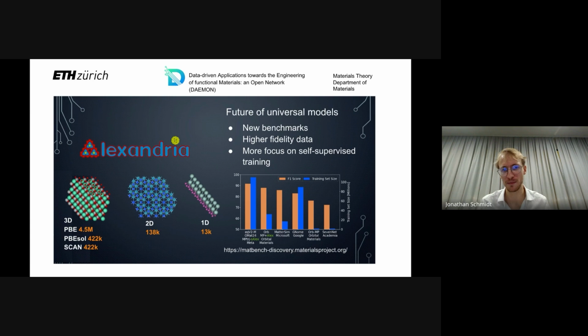Some strongly correlated materials are difficult to produce good data on anyway with DFT. Then it's a mixture of making the models more efficient, where denoising and self-supervised approaches are great, and of course putting in the hundreds of millions of hours of compute time again to extend data sets.